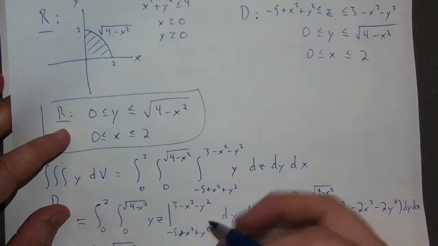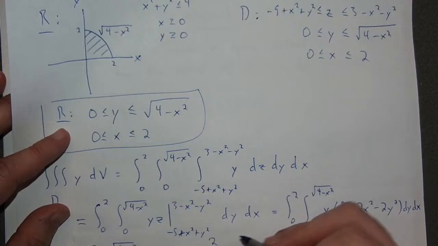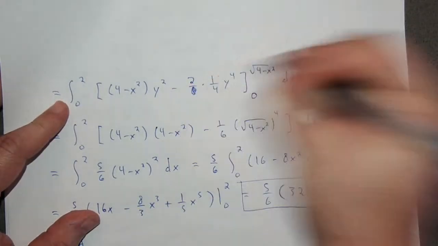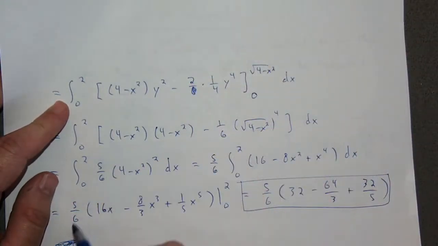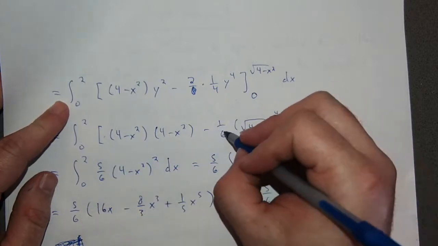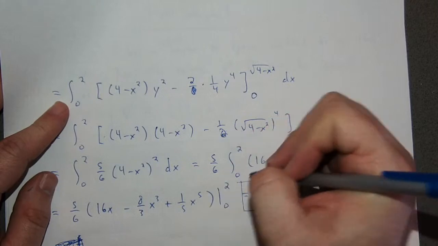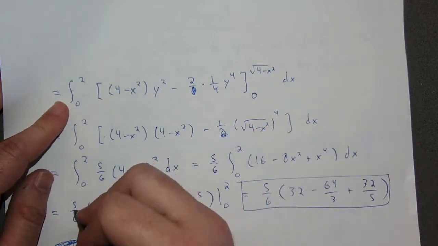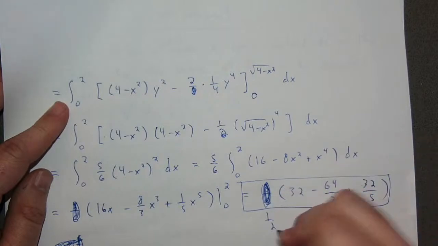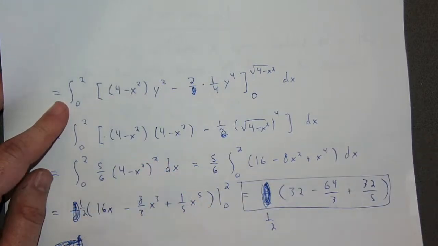So this would be a 2, and so this would also be a 2. And so rather than there being a 5/6 here, you'd have 1 minus 1/2, so this should be a 1/2 here. So now it should be right.